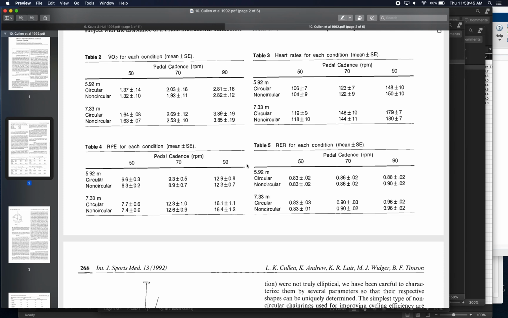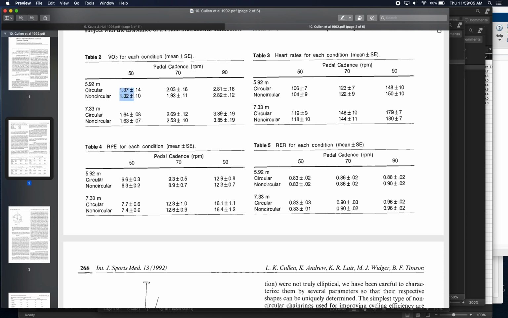And so maybe if they practiced with them for a considerable amount of time, like weeks or months or even years, the fact that the non-circular chainring did not increase the VO2 might in the long term indicate that they would actually decrease the VO2.